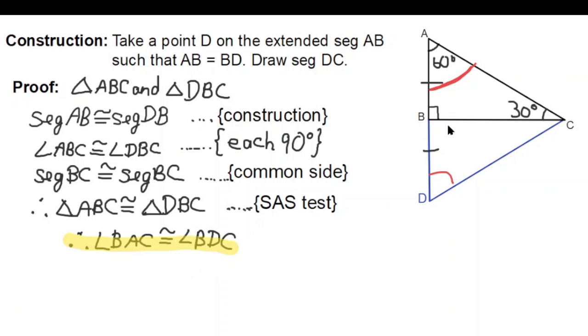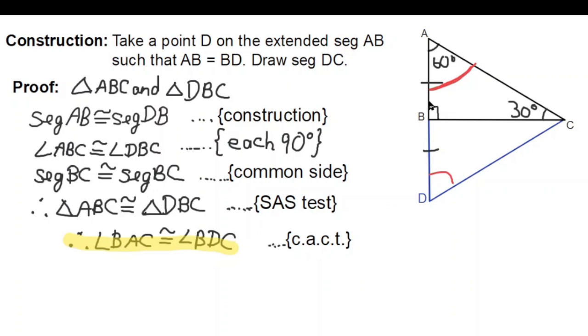See here. Now, why is it congruent? When two triangles are congruent, then the corresponding angles are also congruent. We know this. When two triangles are congruent, their corresponding angles are congruent. The reason for this is CACT, that is corresponding angles of congruent triangles. First we have proved that these two triangles are congruent.